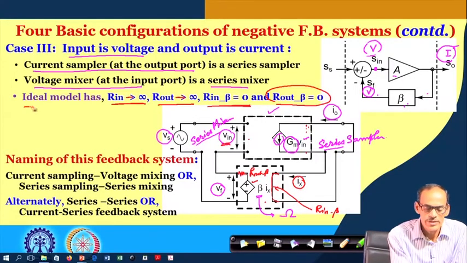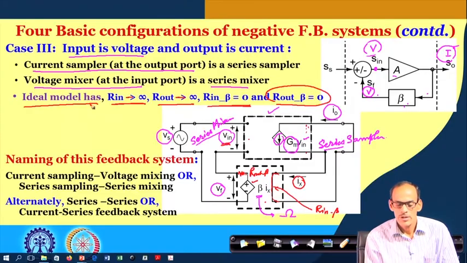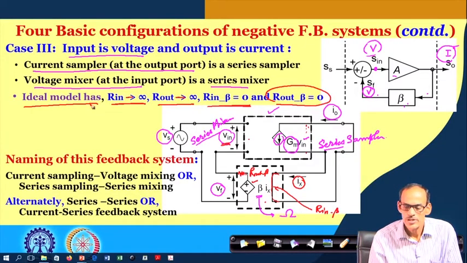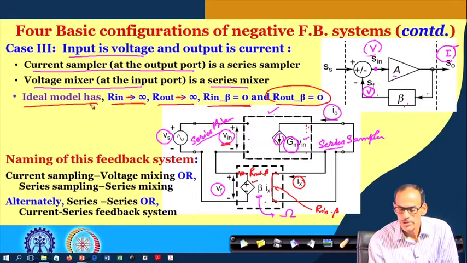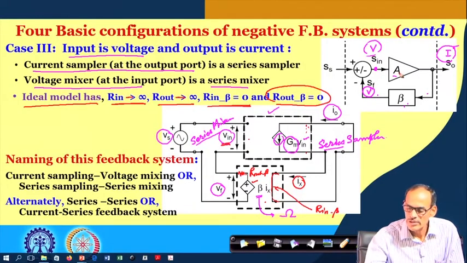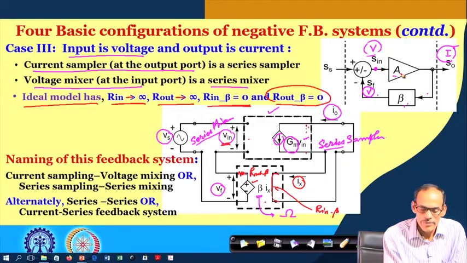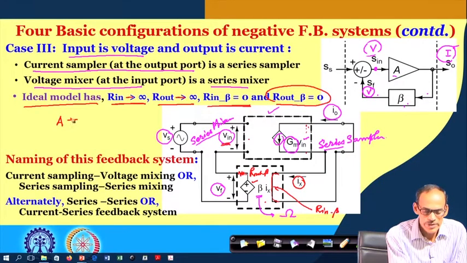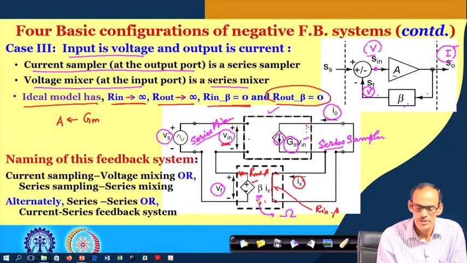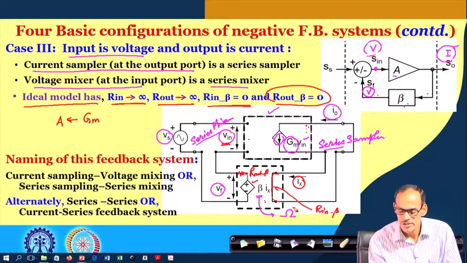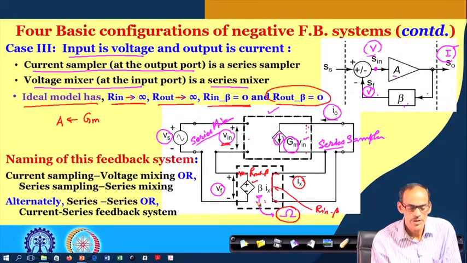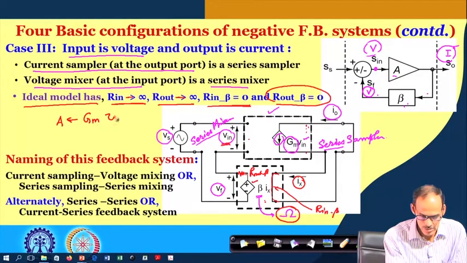So, to create a situation to avoid loading effect, this is what it is assumed, and hence we consider A is A, and of course, A need to be replaced by transconductance G m, and beta we are using same beta, but of course, its unit it is ohm and unit of this is mho.